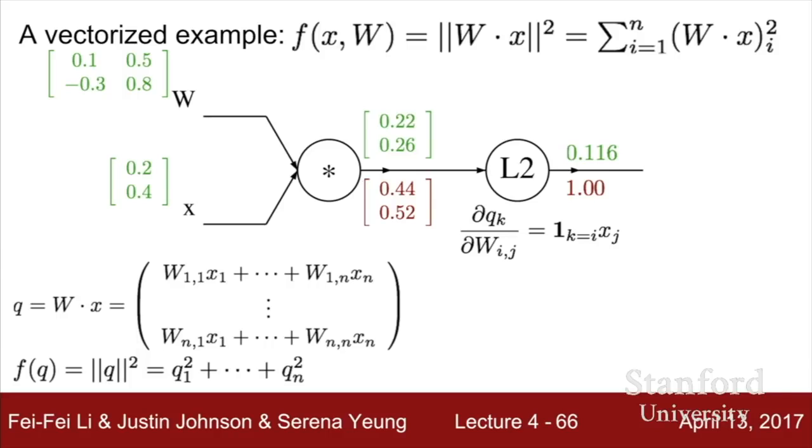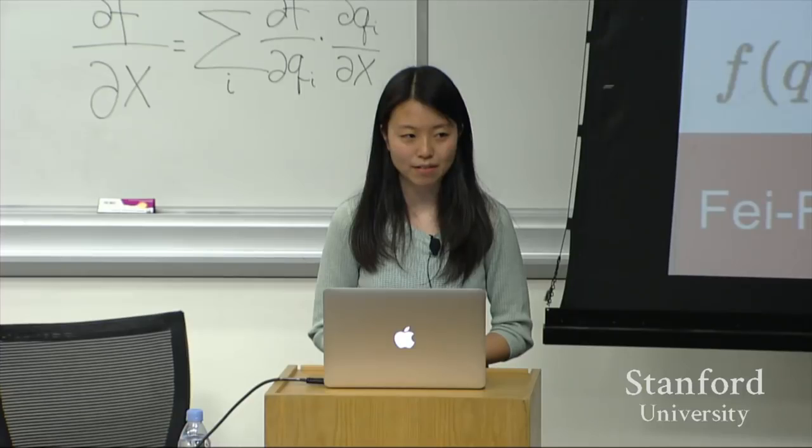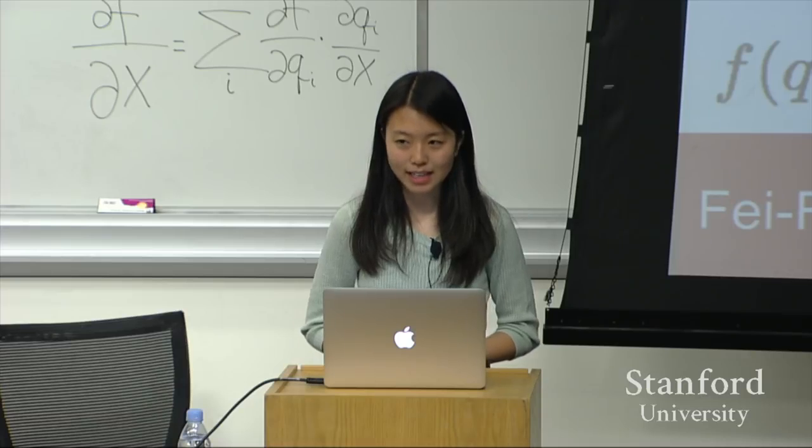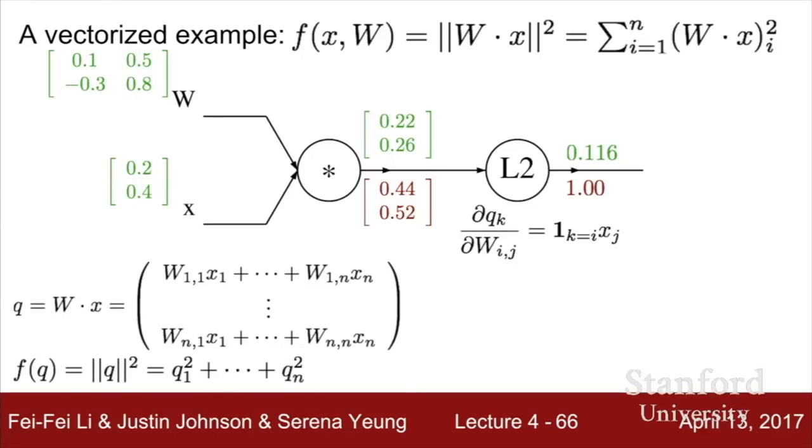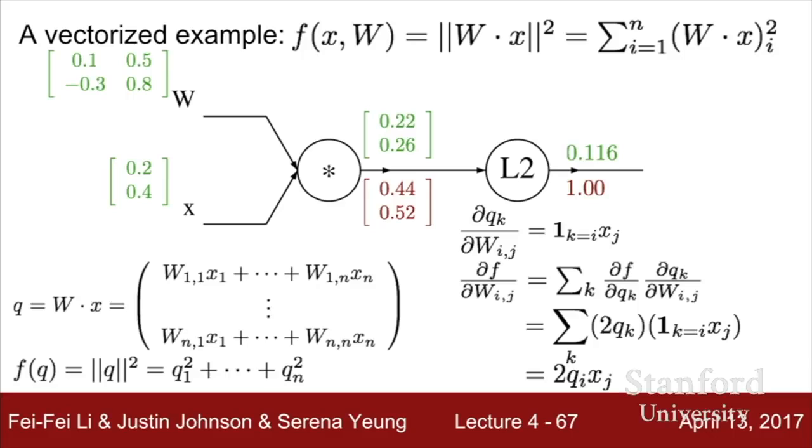What's the derivative or the gradient of the first element of q, so our first element up top, with respect to w11? So q1 with respect to w11. What's that value? x1, exactly. So we know that this is x1, and we can write this out more generally: the gradient of qk with respect to wij is equal to xj.